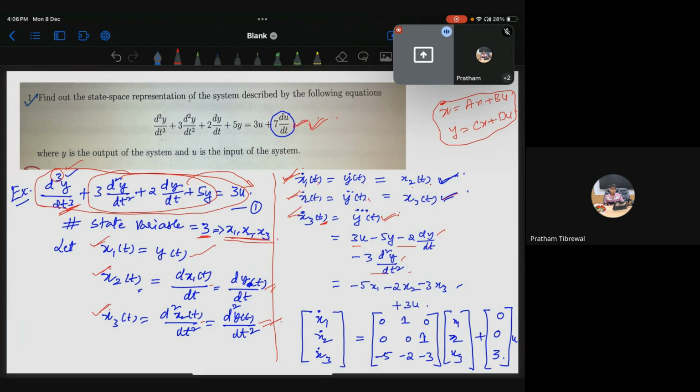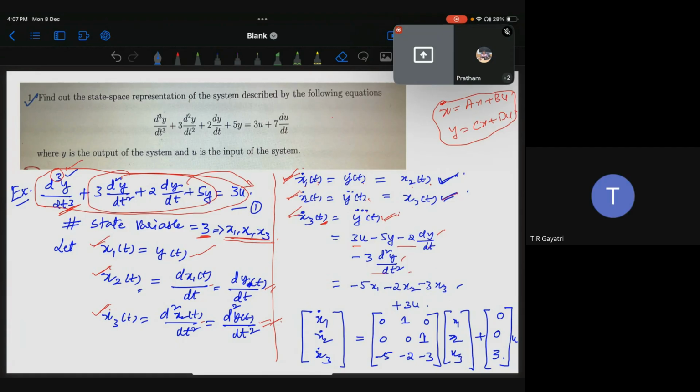What is the major change I'll be getting if I include the derivative of input also?